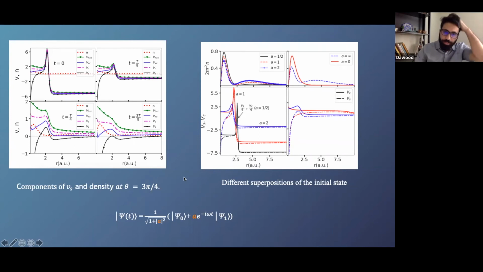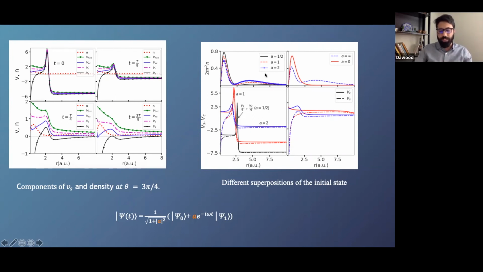And then we take different superpositions, as this A allows us to make different superpositions of our state. For finite values of A, where A equal to 1 would be the 3D analog of our 1D case, you can see that it has a step, and these peak features are quite similar.